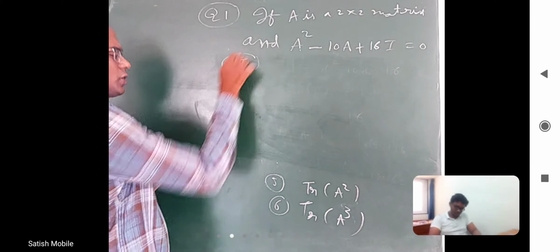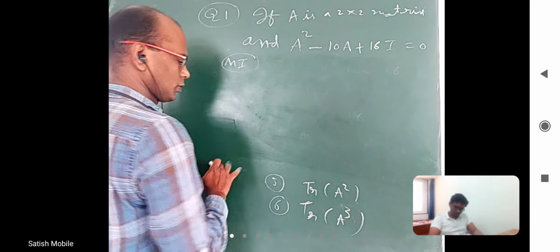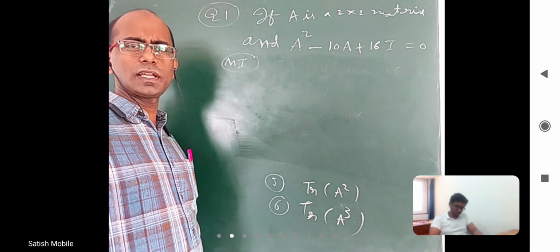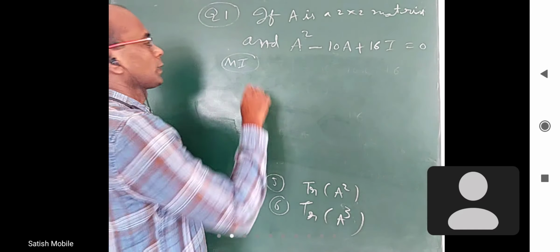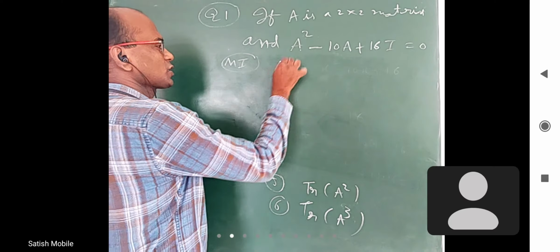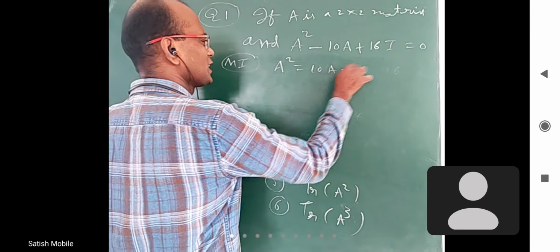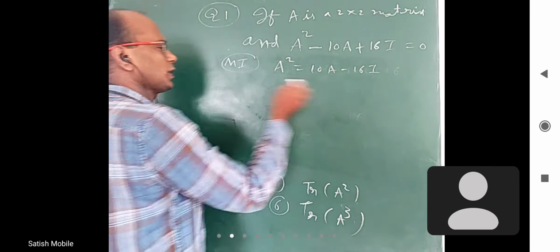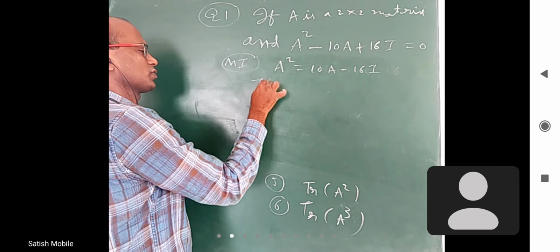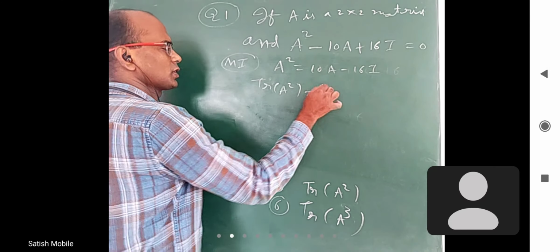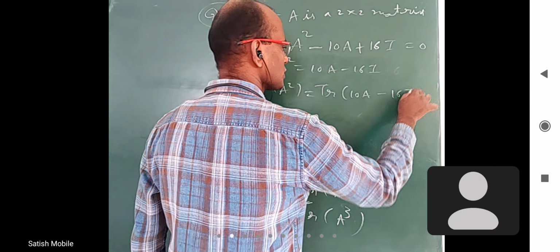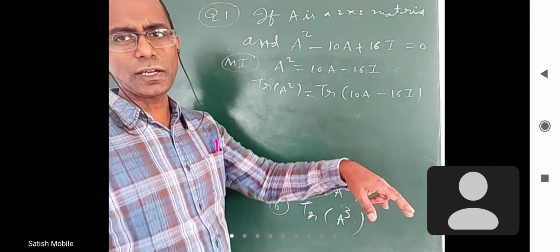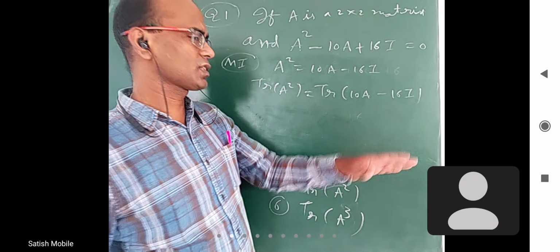Method 1, what this boy said is good. Who said, Kasia or Dheeraj? Dheeraj, okay, sorry. A square is equal to 10A minus 16I, and simply apply: if two matrices are equal, the trace is equal. So trace of A square equals trace of 10A minus 16I. When you subtract two matrices and then find the trace, or find the trace of each one separately, no problem.